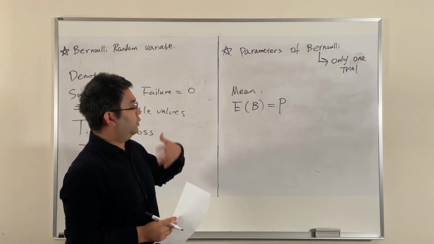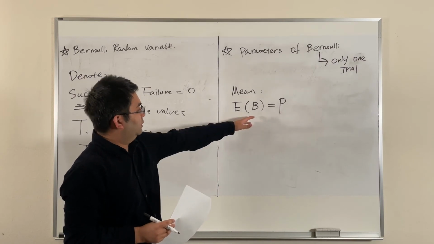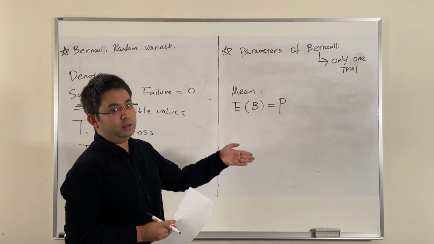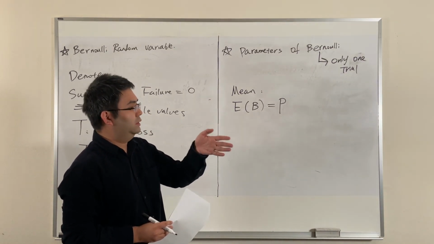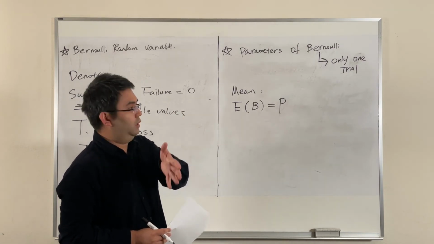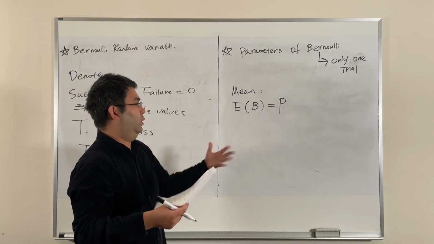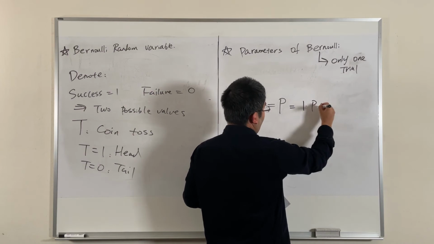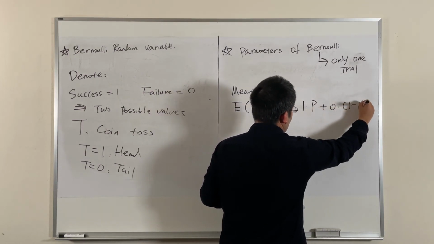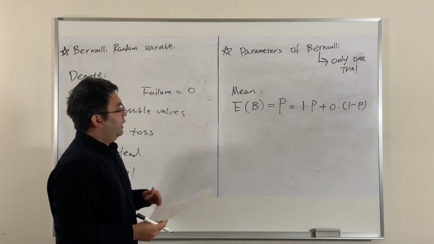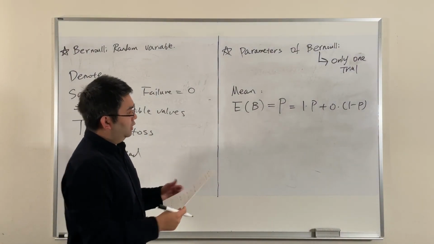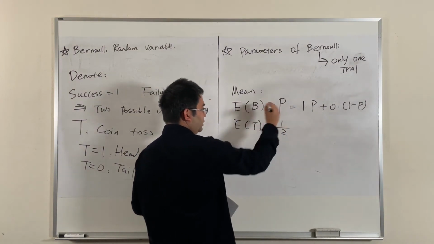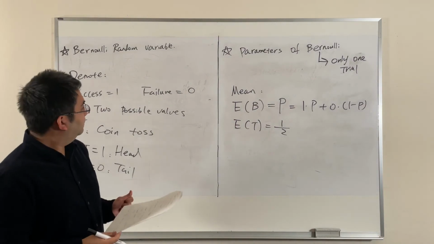It is 1 times p plus 0 times 1 minus p, which equals p. In the case of a coin toss, the expected value equals 1/2, just equal to p.